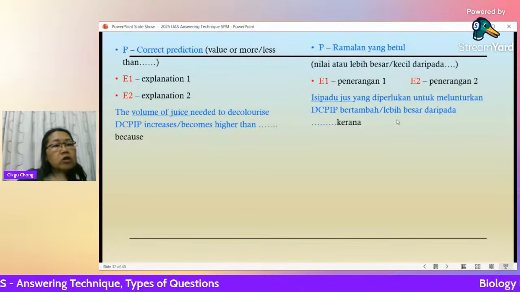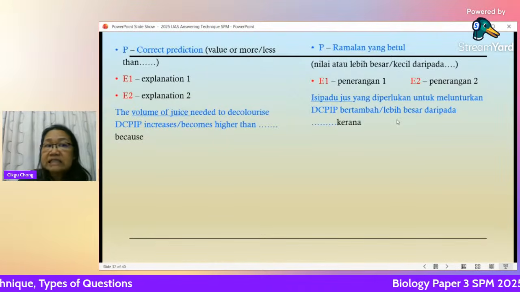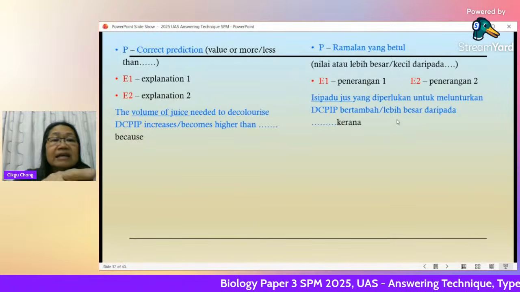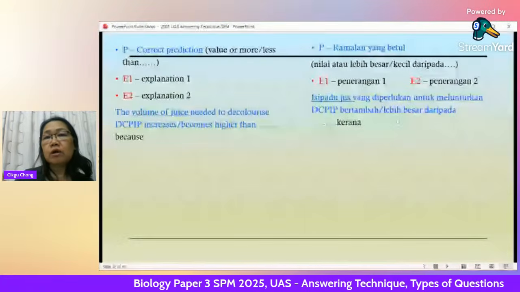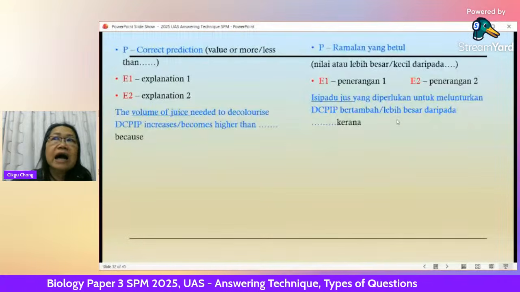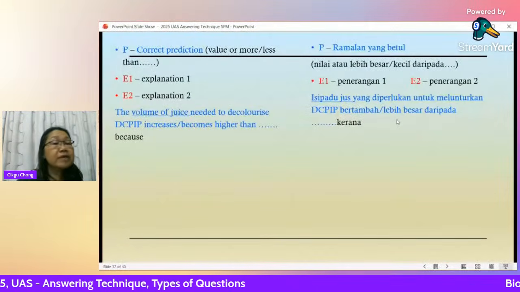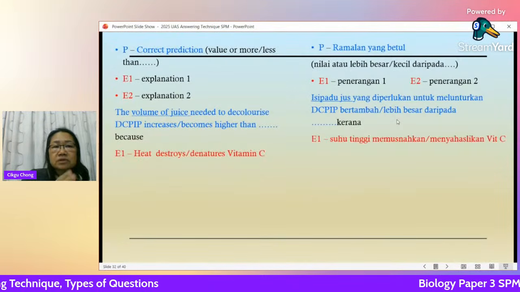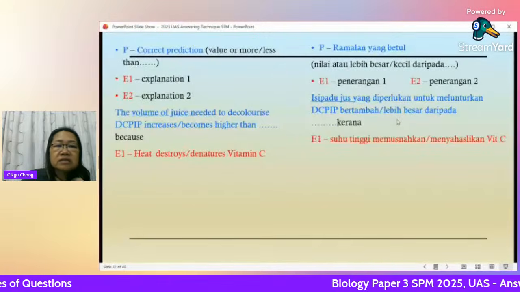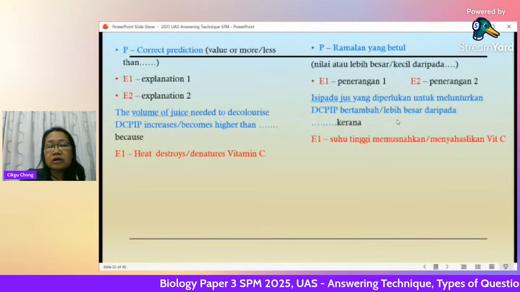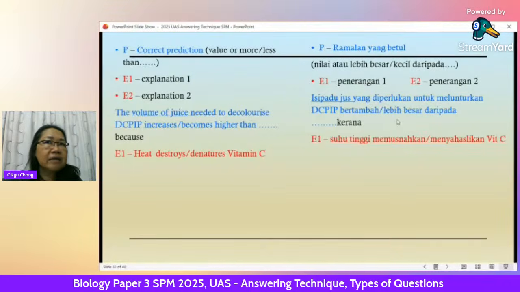So the volume of the juice needed to decolorize DCPIP will increase. Okay, becomes higher than the original value. Whatever original value that you are asked to compare, you have to say higher than what. Because explanation: heat denatures vitamin C. That is theory. If you don't have theory, you cannot answer this. You can only give a blind prediction.